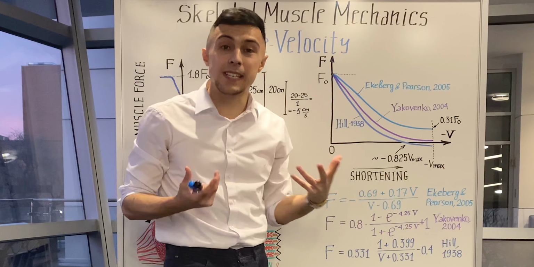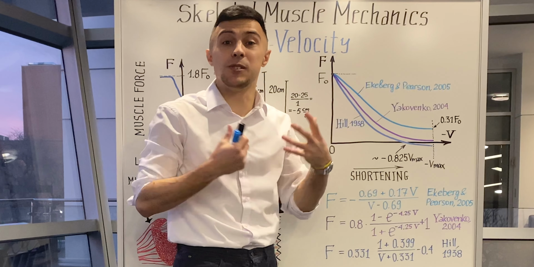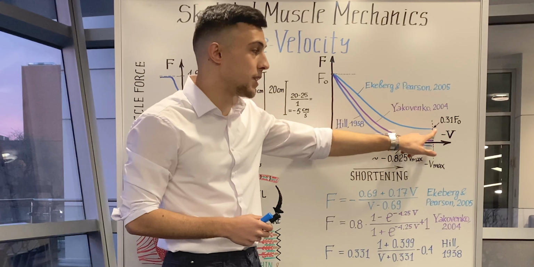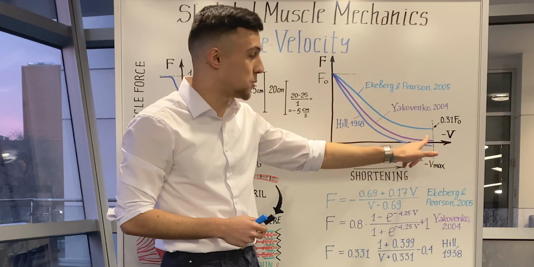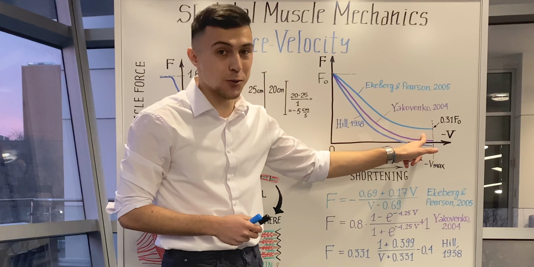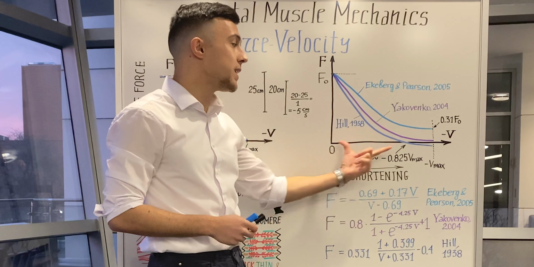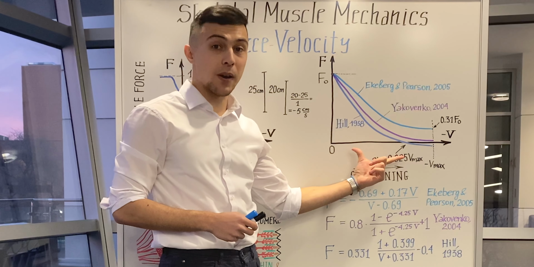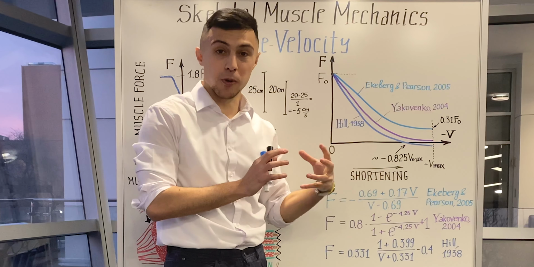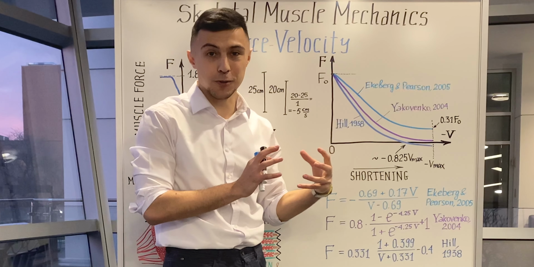So that is also not something that's happening physiologically. So you have two extremes and you need to be somewhere here with your equations. Now, these equations, I should say, only describe the concentric part of the muscle contraction.